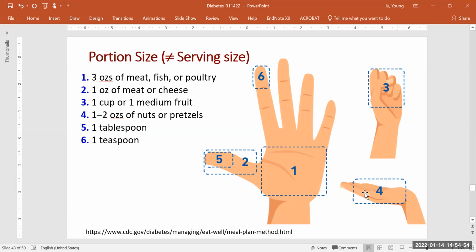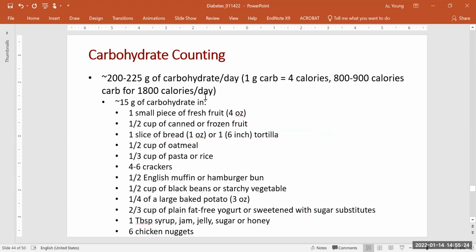And 1 or 2 ounces of nuts or pretzels or other snack is about a cupped hand. And 1 tablespoon is a similar size to the thumb tip to the first joint. And 1 teaspoon will be the fingertip size, so tip to the first joint part. So this could be useful, a visual aid for measuring portion size.